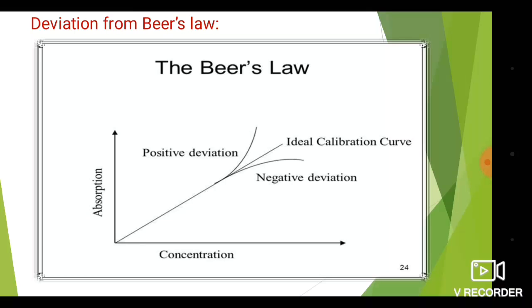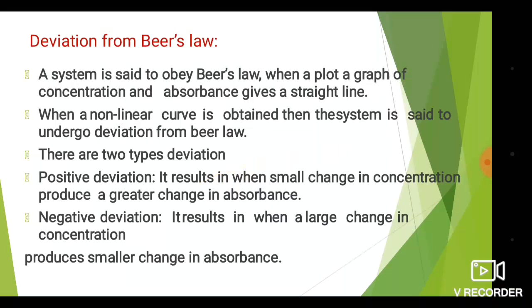If the curve tilts towards the right side, it is a negative deviation. That means deviation to the upper side of the ideal calibration curve is a positive deviation, and deviation to the lower, downward side of the ideal calibration curve is a negative deviation.